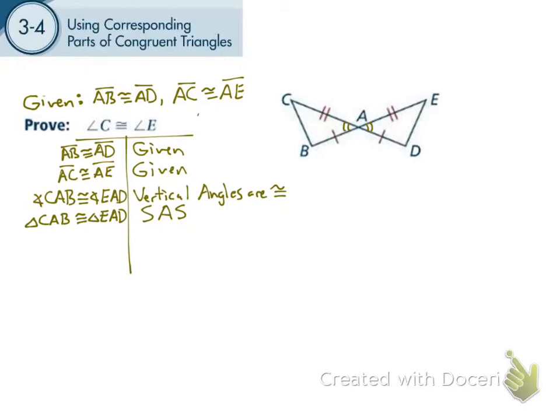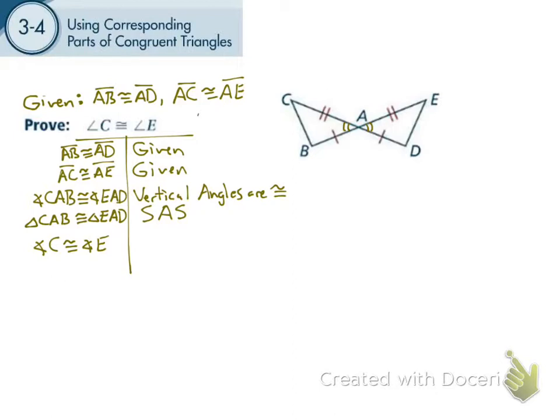Congruent corresponding parts. So, do I have congruent triangles? Yes. Do congruent triangles have congruent corresponding parts? So, we've done that process, nothing new than what we've seen all week. Now we can say that those two parts are congruent because the triangles are congruent.